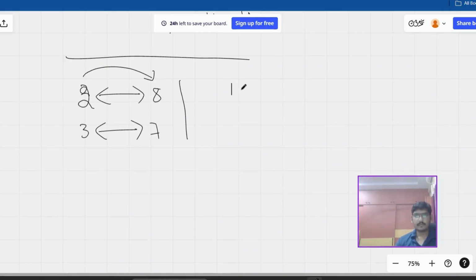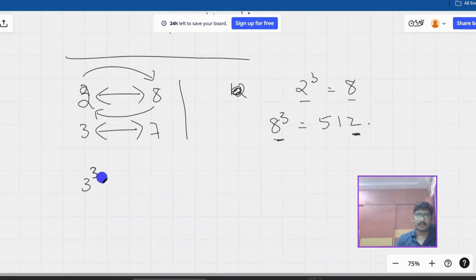For example, 2 cube gives 8, right? If you take 8 cube, it gives 512. That means 2 cube is giving a unit place 8 and 8 cube is giving a unit place 2. That means these two are interchangeable.